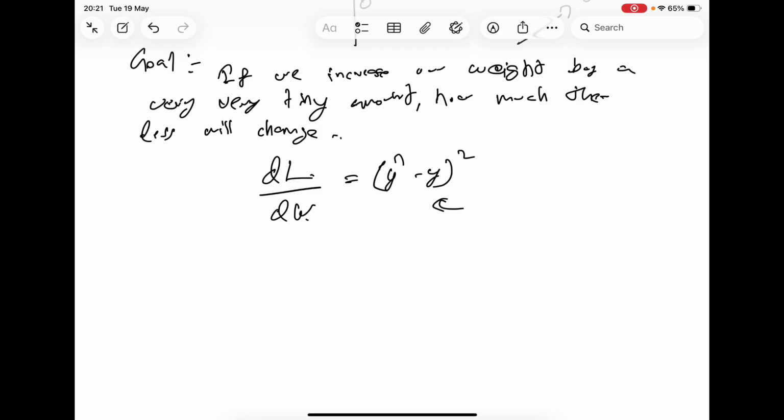Right, so if we want to find the derivative, we need something with w. I forgot the name, but we call it in maths, wait a minute, I'll refer.